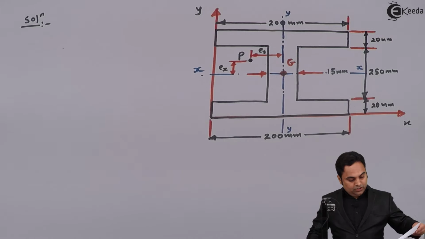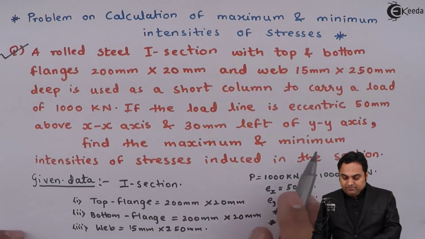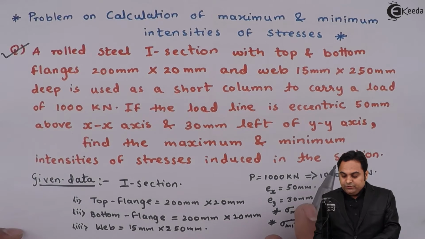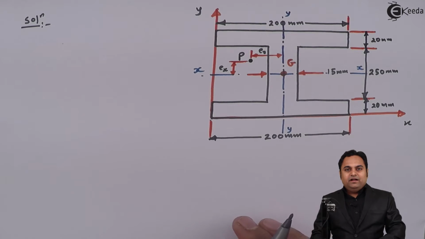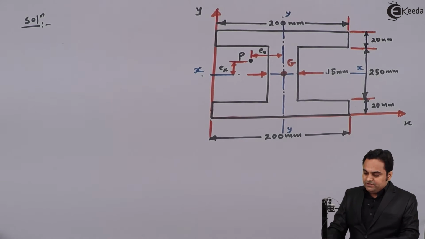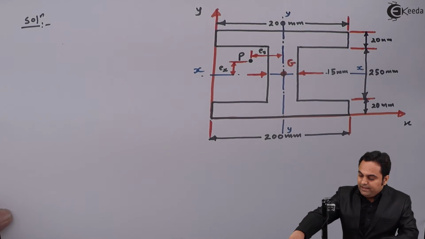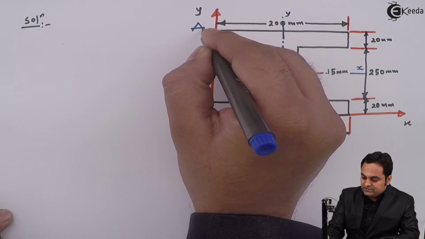Now, the question is to find the maximum and minimum intensities of stresses induced in the section. So we have to find that for this I section where would be the maximum and minimum intensities, and that we can find out by giving 4 corners, extreme corners for this I section.